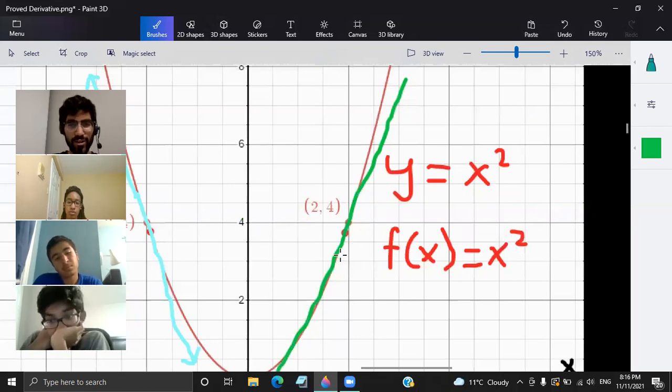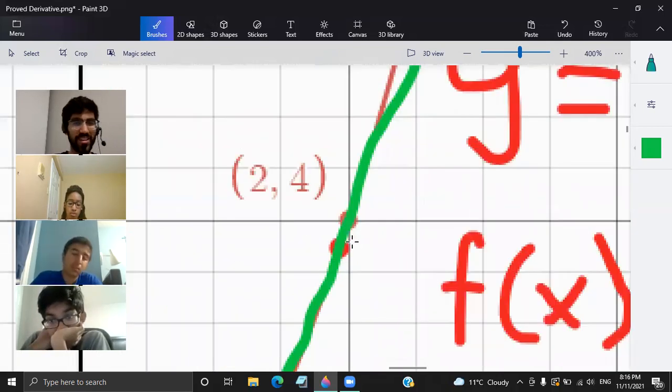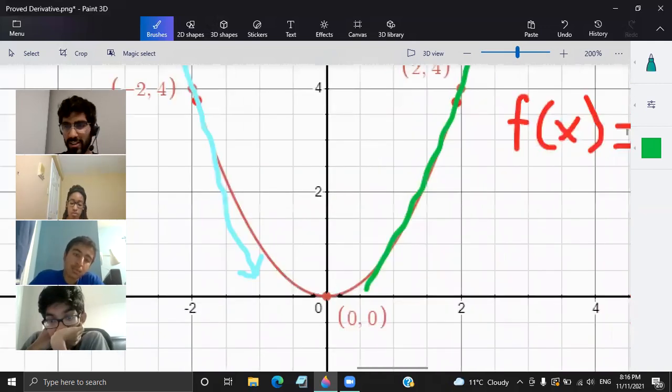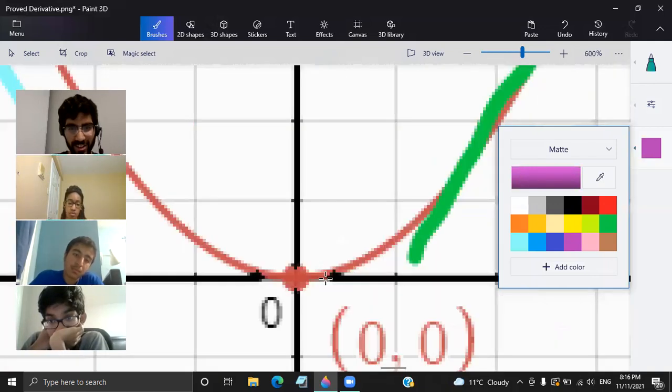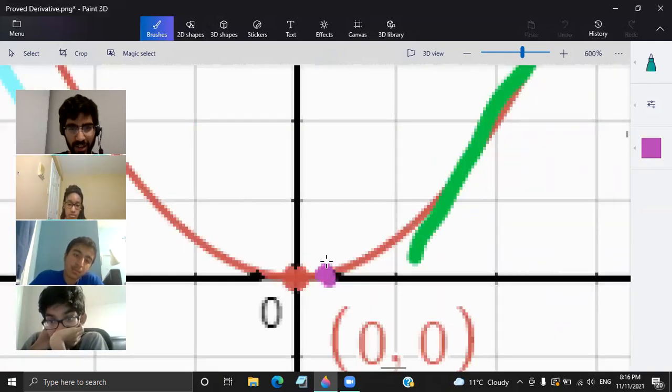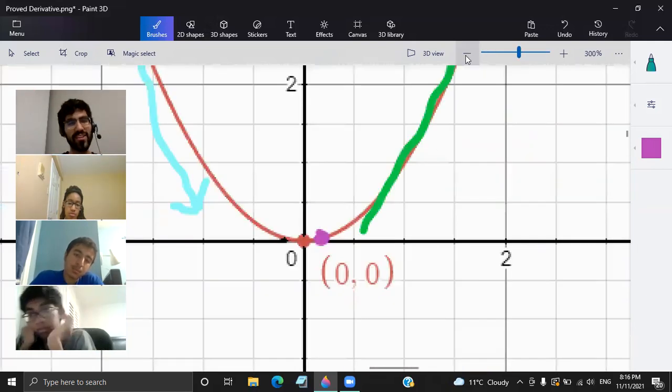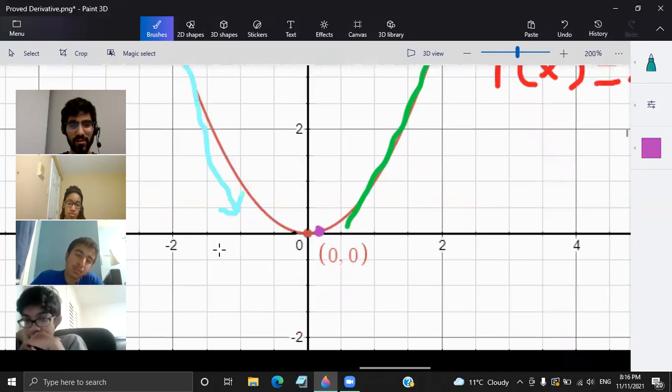I'm going to focus on these two points, and the same thing over here. Let's say I add another point. Let's add this point over here. And now I'm going to draw a secant technically, but approximating a tangent.